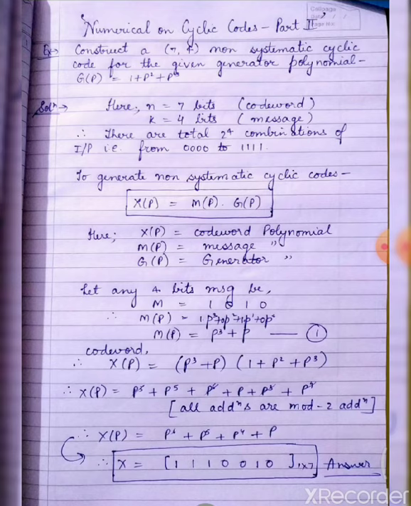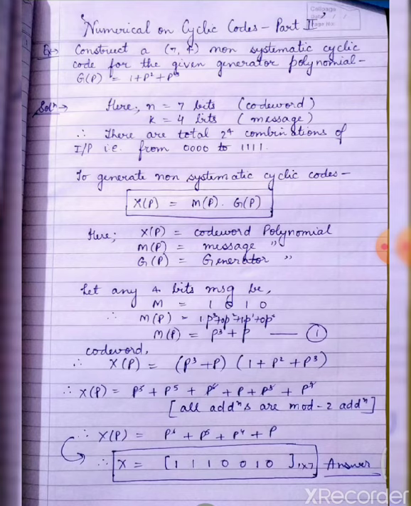Now let us generate the code word. We will use the formula x(p) equals m(p) into g(p). m(p) we have calculated as p cube plus p, and g(p) is given in the question as 1 plus p square plus p cube. Multiplying both of these, we get p cube plus p^5 plus p^6 plus p cube plus p^4.